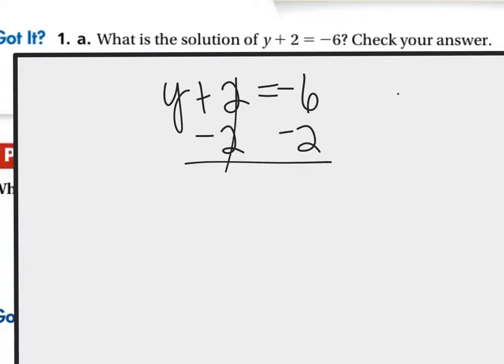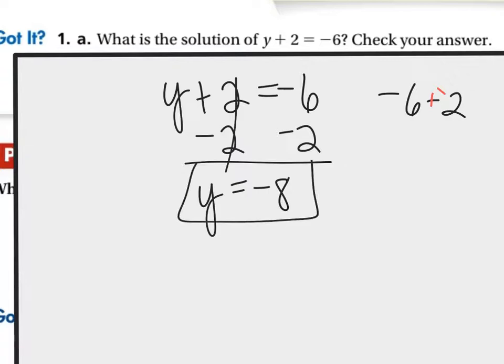I know you guys have done this before, but you may want to write that off to the side. Remember, for subtracting integers, we've talked about adding the opposite. So it becomes negative 6 plus negative 2, which would be negative 8. And again, if we have a few seconds, we could put that back in the equation and double check our answer.